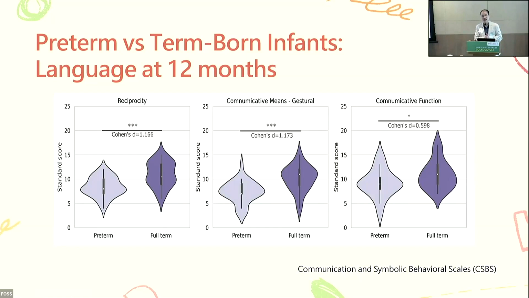We are also looking at children who are in different ranges of prematurity. So the moderate to late preterm versus the early preterm. Even in the moderate to late preterm infants, we're seeing differences.